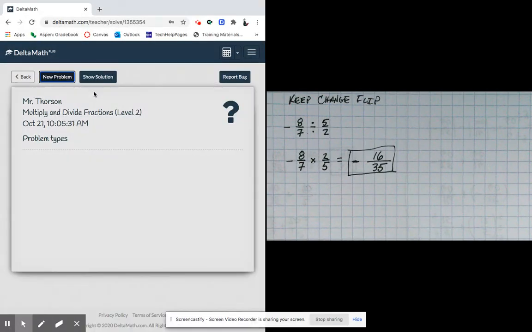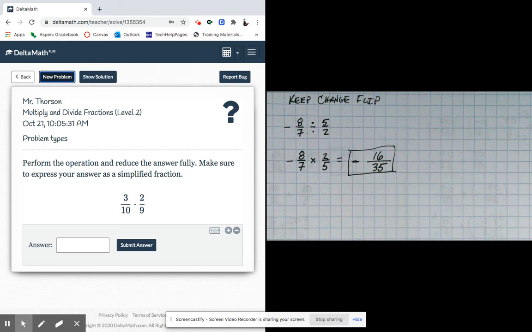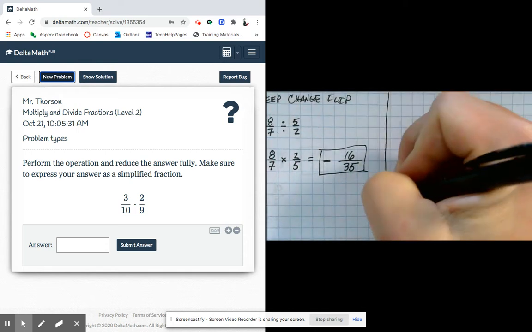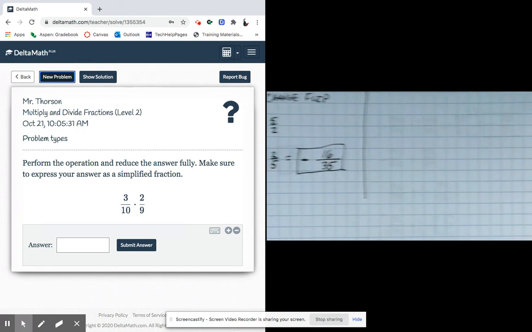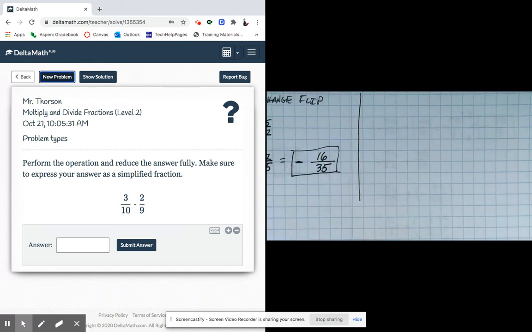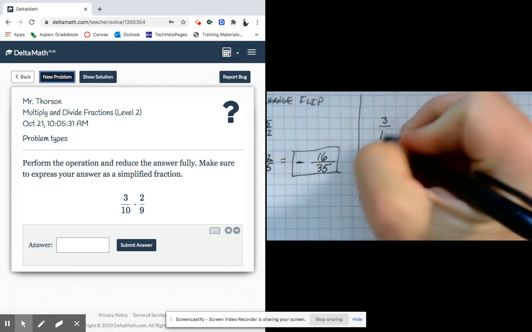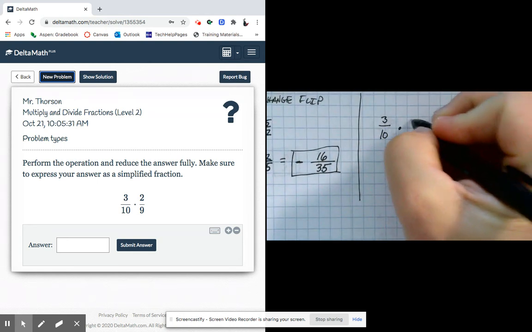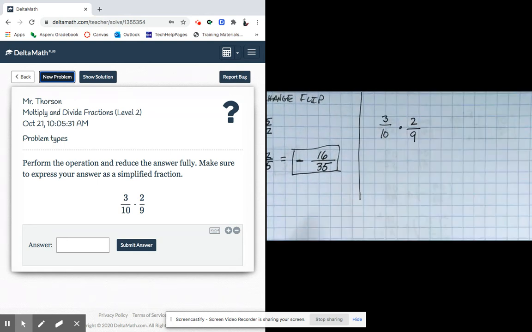So new problem. All right, so we have 3/10 times 2/9. So let's think a little bit about what we have here. Now, if we look at this problem, we notice it's not division.